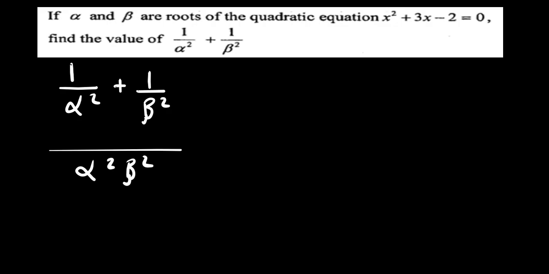When we divide the alpha squared into the denominator, you're just going to remain with your beta squared. So the beta squared multiplied by 1 on top is just beta squared, plus the other one: the beta squared will cancel, you just remain with your alpha squared. Your alpha squared multiplied by 1 is just alpha squared, like that. Now you know that addition is commutative.